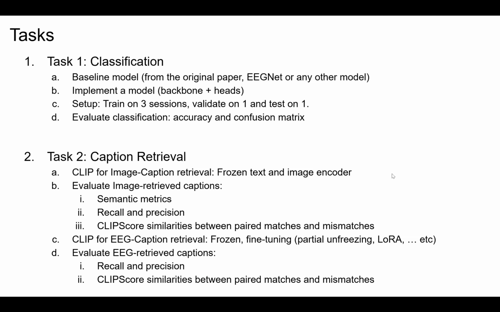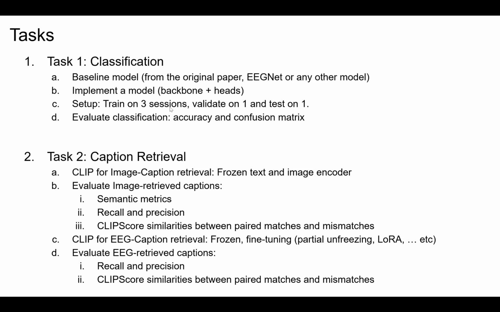They originally tested the fully connected network, so you can use that. You can experiment with EEGNet or any other model of your choice as a baseline, just to justify it. The model you will be implementing includes a backbone, generic across all the subjects, and heads, which will be subject specific.